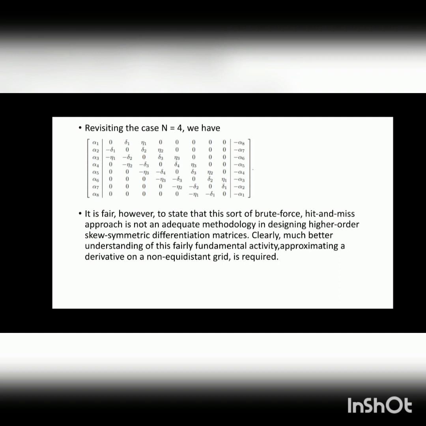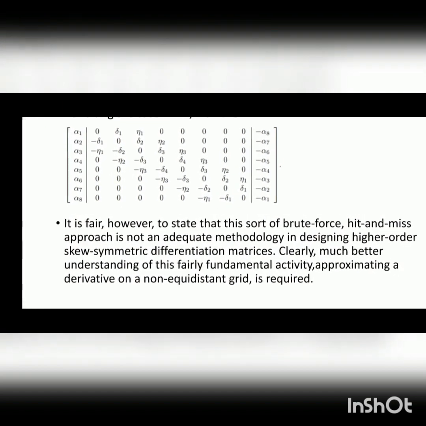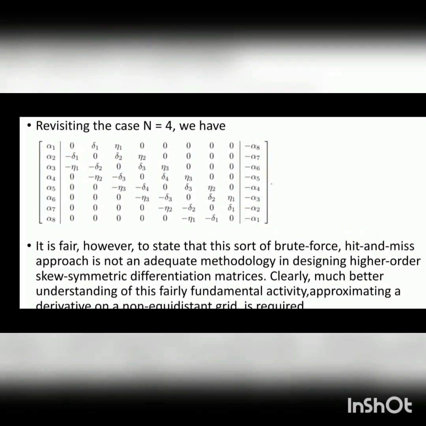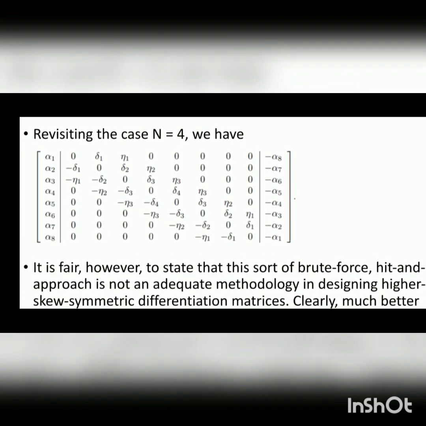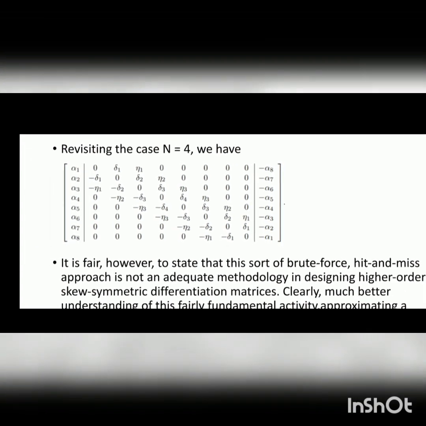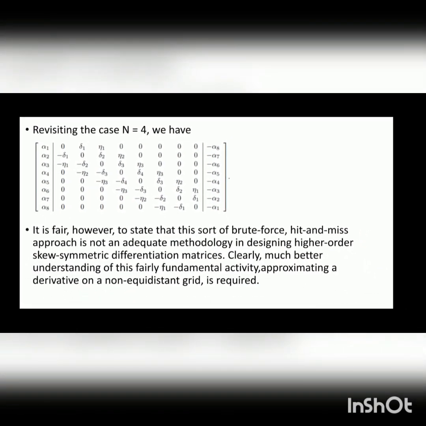Revisiting the case n equals 4, we have the matrix given on this slide, with elements alpha 1, 0, and so on.